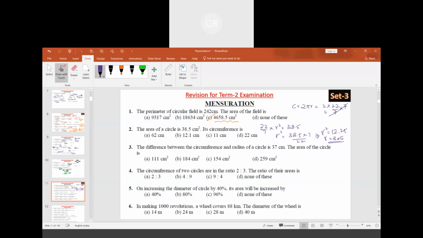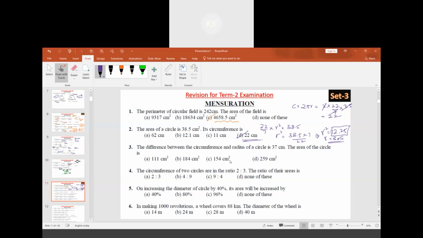Option D is the answer. You must remember that 12.25 is a square number.